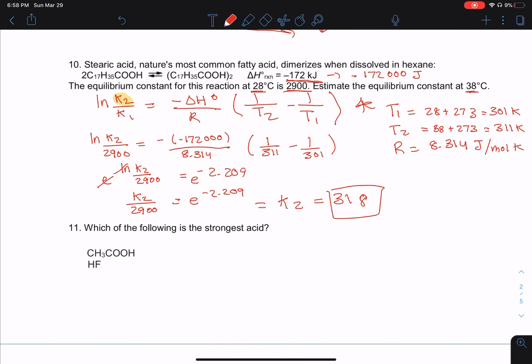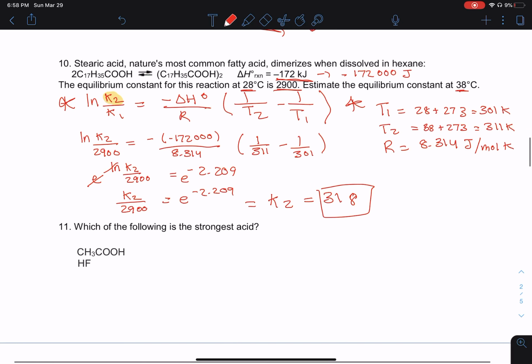Okay, pretty simple. Just make sure that you know this equation.